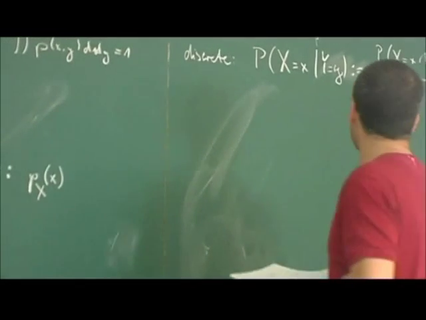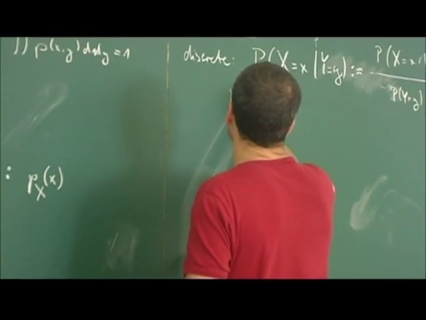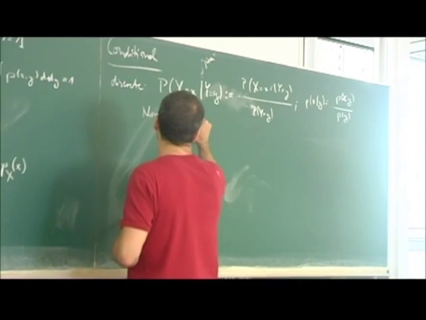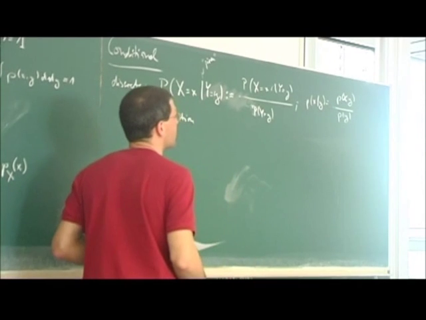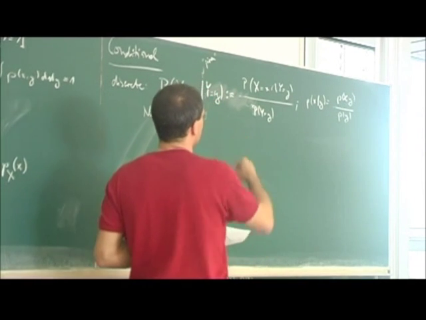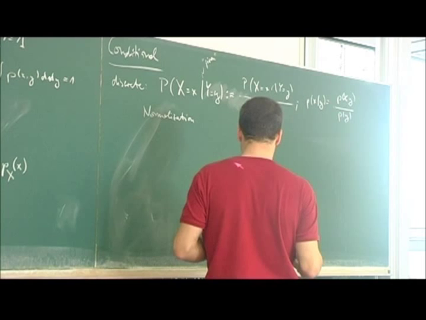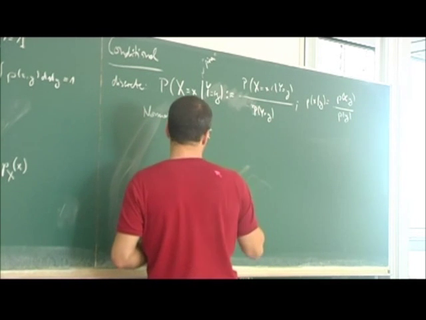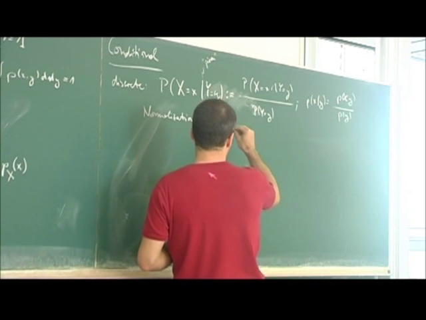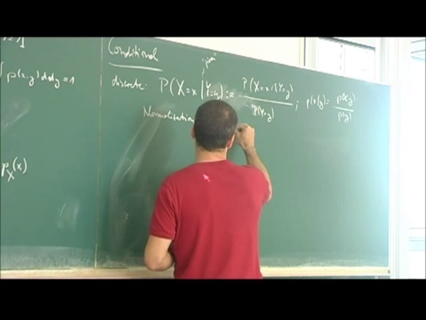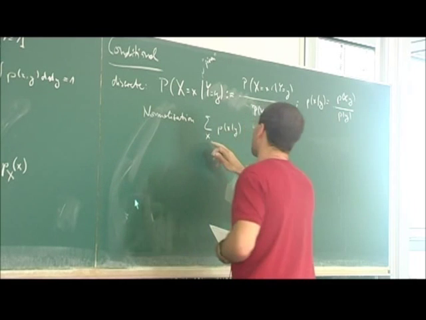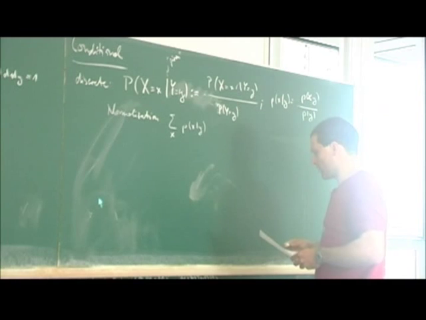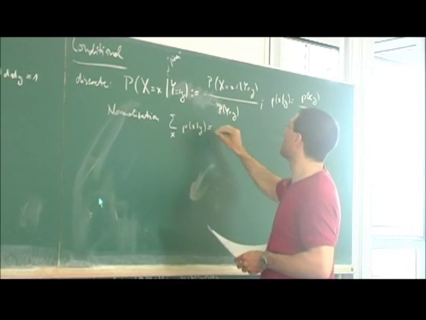We can look at the normalization here, just to check that this division with the denominator makes sense. We have this conditional of x given y, and now sum over all possible values x.